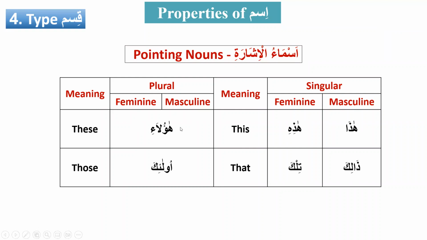Their plural is haulai, used for both masculine and feminine, and it means these. Zalika is for pointing to something which is far. Haza is for pointing to something which is near. Zalika means that, tilka also means that, but zalika is for masculine and tilka is for feminine. And ulaika is used for both masculine and feminine, and it is plural, meaning those. So this is just for building your vocabulary. Memorize these six words and inshallah, they will be very useful in understanding the Quran.